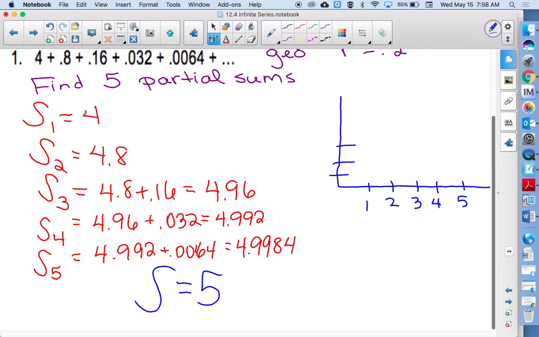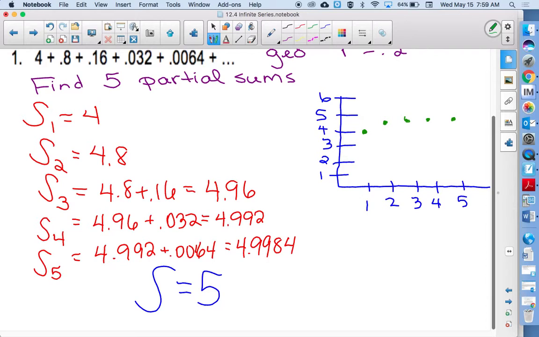So 1, 2, My first partial sum was 4. So I'm putting a point at the first sum, which is 4. My second sum was 4.8. My third sum was 4.96. And then it got just a little bit higher each time.